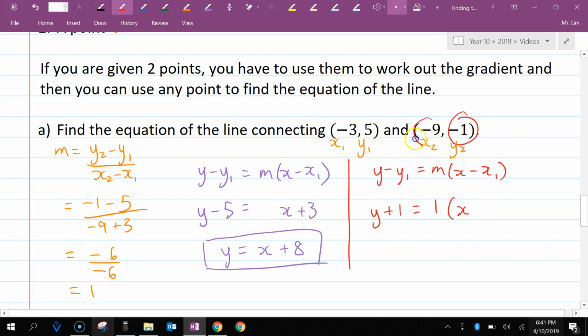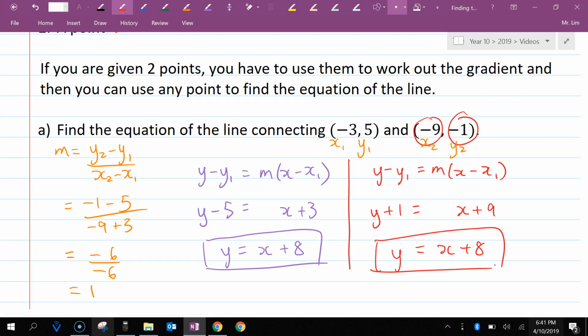X minus -9 becomes plus 9. But I said we don't need that 1 or these brackets, so we can just minus 1 from both sides. Y is equal to x plus 8. And so you can see you actually get the same answer. So it doesn't matter which of the 2 points you choose, you'll get the same answer if you do it correctly.